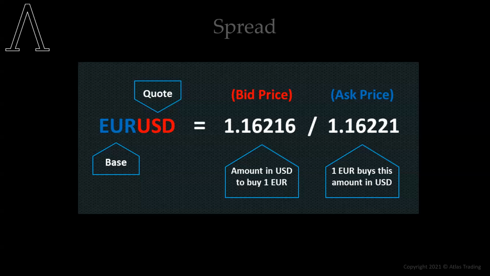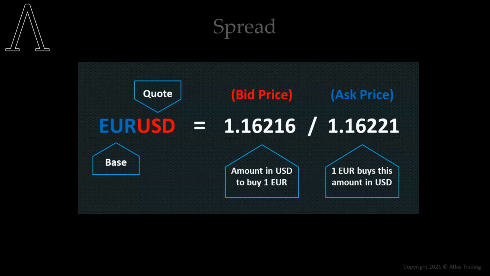When you see the spread, on the left hand side you've got your bid price, and on the right hand side you've got your ask price. The left side is the amount in dollars to buy €1, and the right side is how much €1 buys in USD. If I want to buy euro dollar, I'm going to be paying the ask price, and if I want to sell it, I'm going to be entered at the bid price, and the difference is the spread.